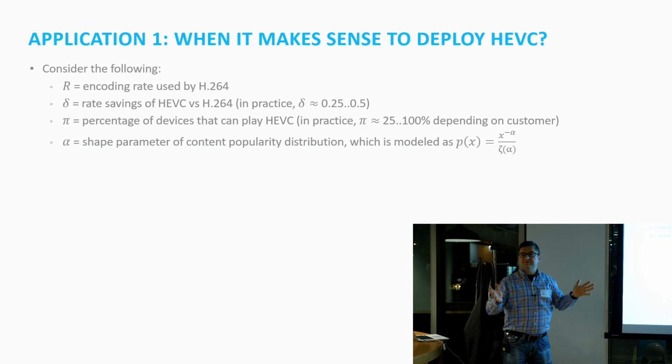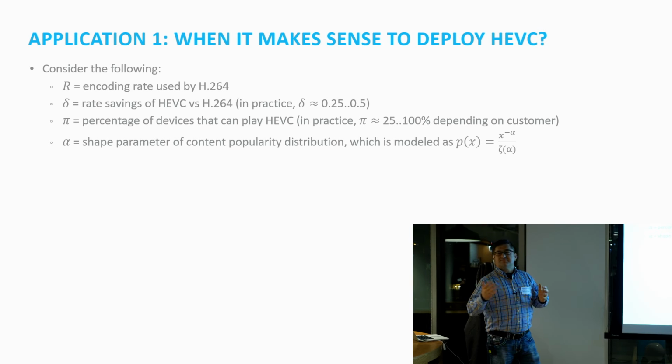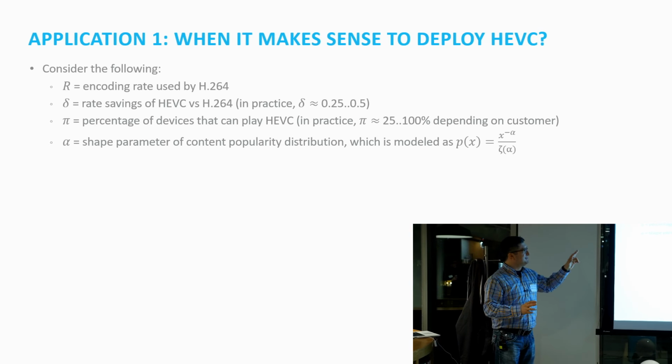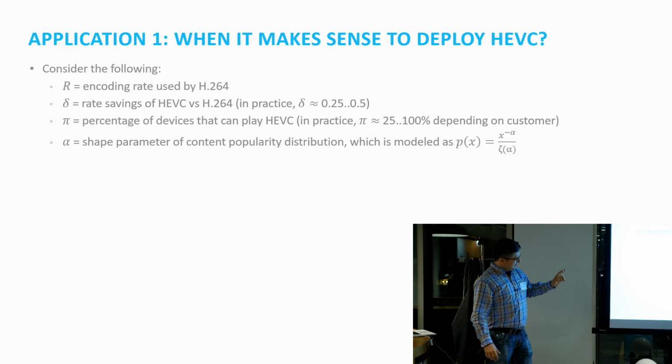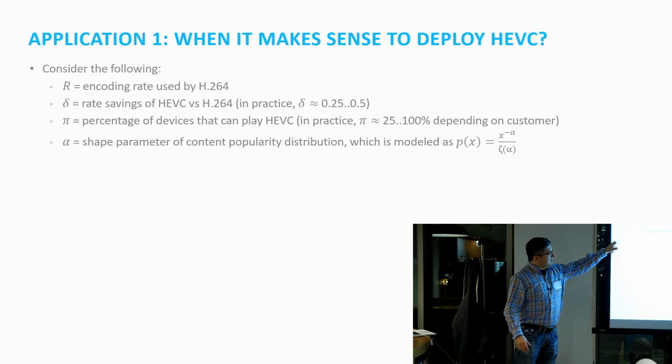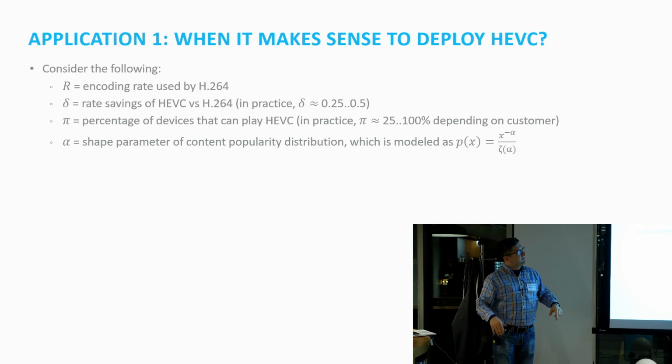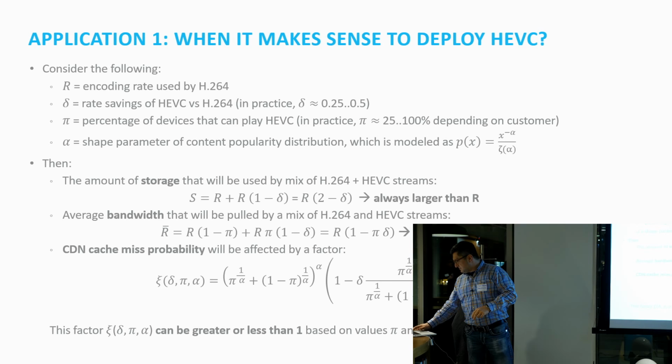Let's assume it's somewhere between 1/4 and 1/2. Of course, the standards committee says that it is 1/2 and even more. People in the practical community say that it's more like 1/4. Let's think it's somewhere in between. P is the percentage of devices that can play HEVC. And alpha is the shape of the content popularity distribution that we discussed before.